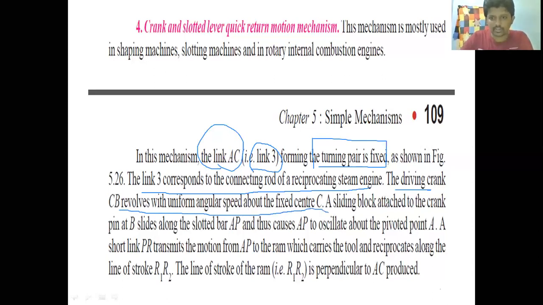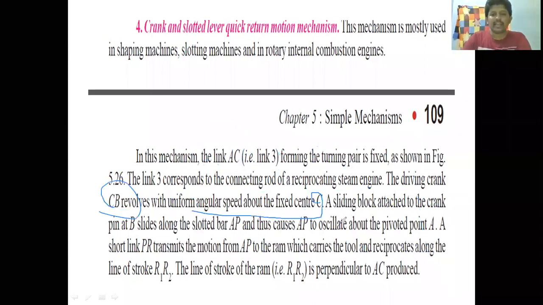A crank is something which rotates, right? So we have a driving crank CB which revolves with an angular speed about the fixed center C.